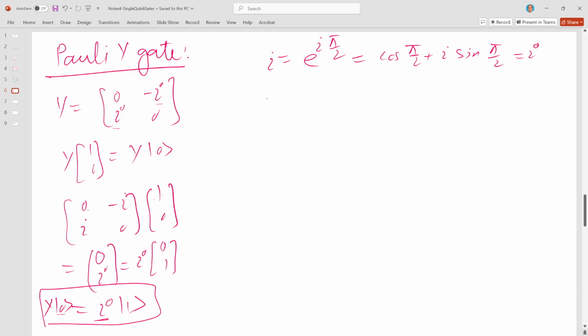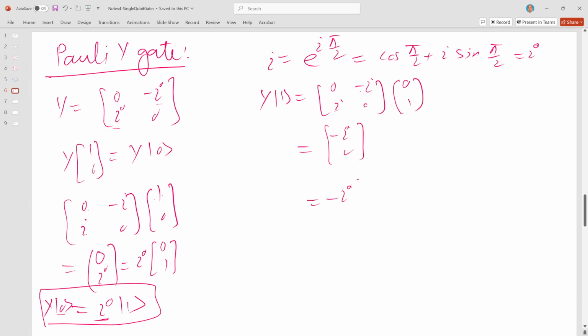So let's see what Y gate does to the other state, one state. So Y applied to 1 will give us [0 -i; i 0] times [0; 1], which is 0 into 0 minus iota into 1, iota into 0 plus 0 into 1, this.